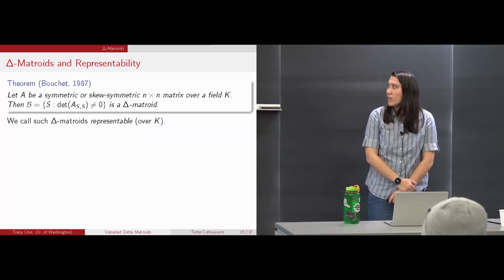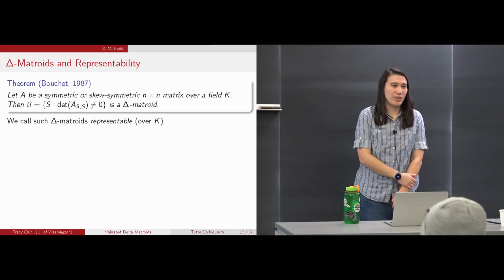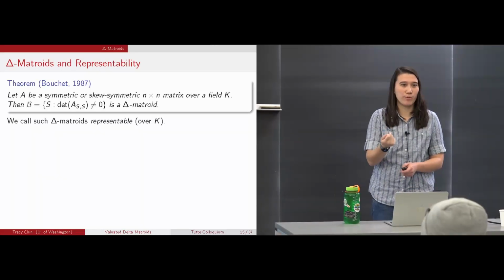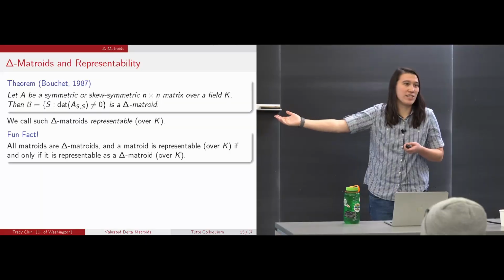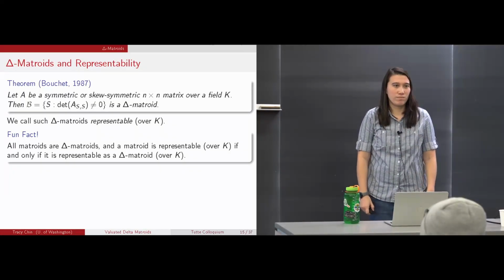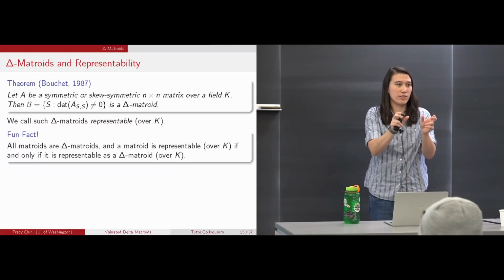So, calling something representable, yeah, this is a matrix, but representable for matroids means something very specific. So I feel like I should justify a little bit why we're allowed to call it that. And it turns out it's because it's essentially the same. So all matroids are delta matroids. You can see this because basically the exchanges we're allowed to do for matroids are a subset of the ones we're allowed to do for delta matroids.